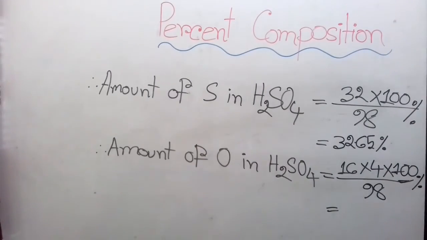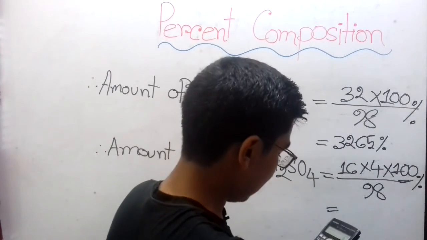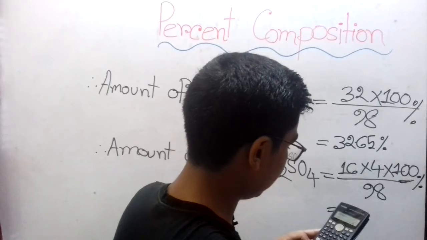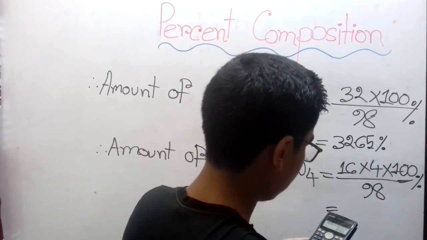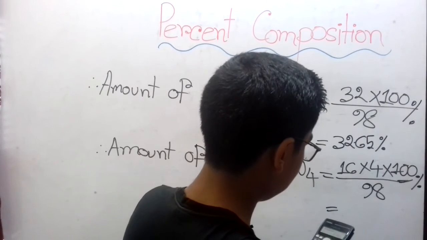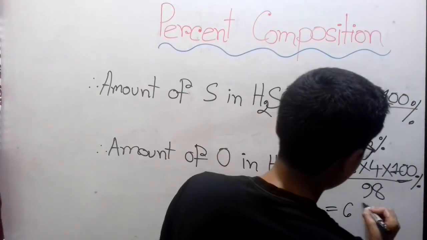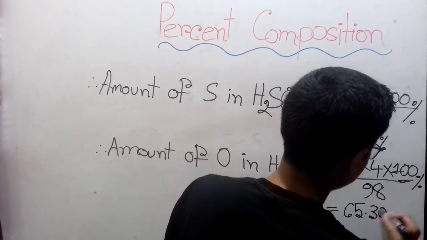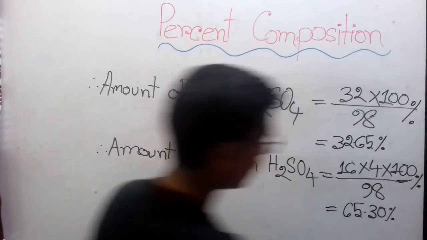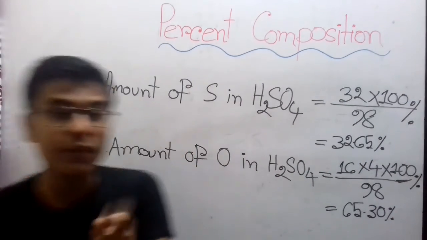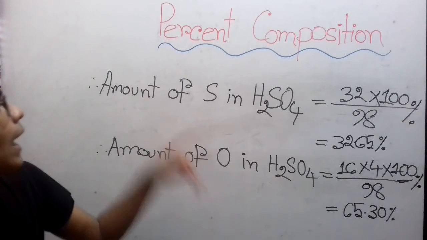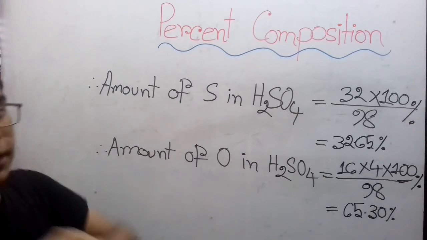Calculating 16 into 4 into 100 divided by 98, it would be 65.30%.